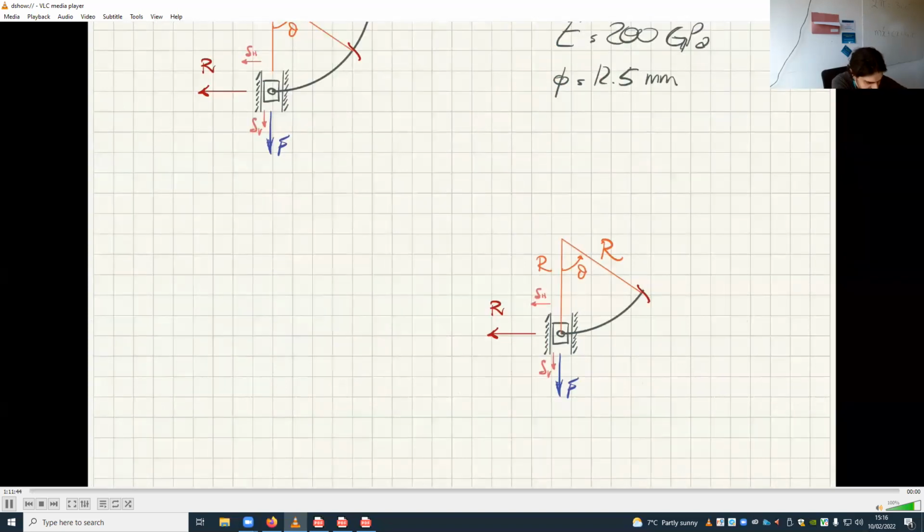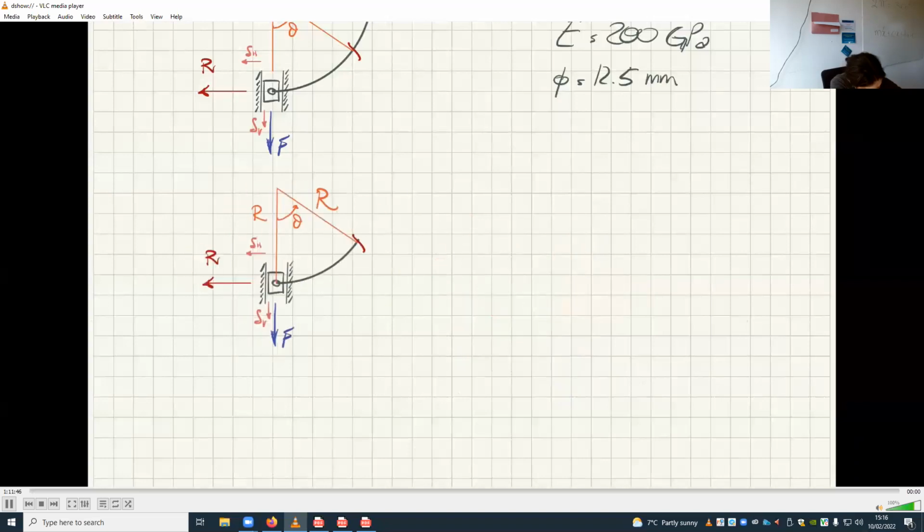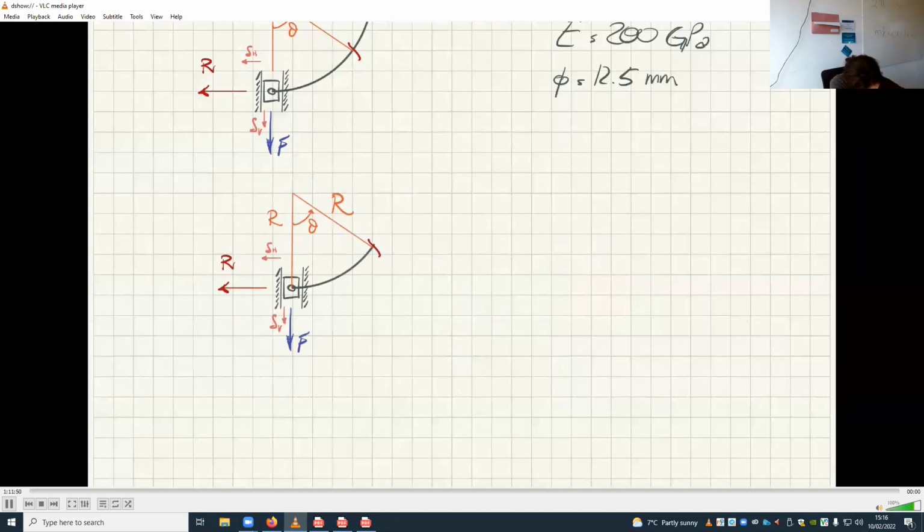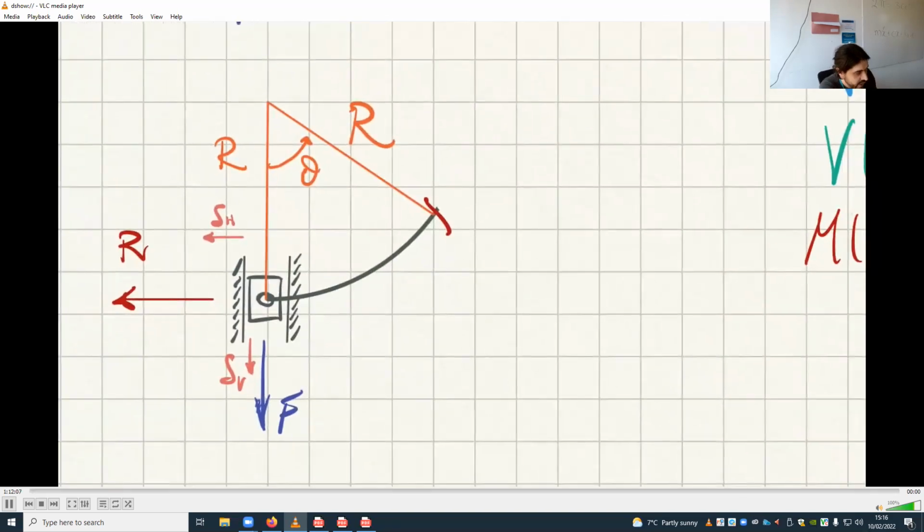Okay, so let's find N of theta, V of theta, and M of theta. Remember the internal forces that we are making explicit right now.